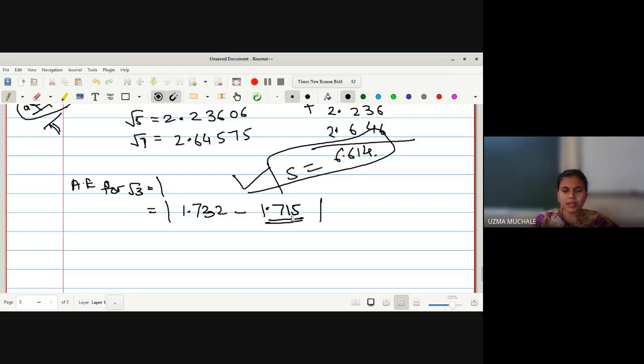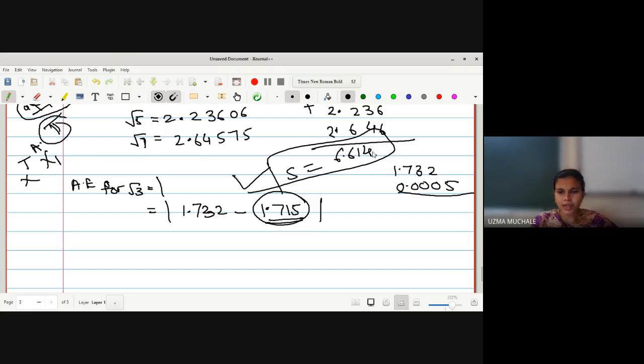Assuming that this is an approximate value, whatever the number we have, 1.732, we have to subtract 0.0005. In the case of pi, the example we solved, we had the value of x as well as x1, that is the true value and approximate value.